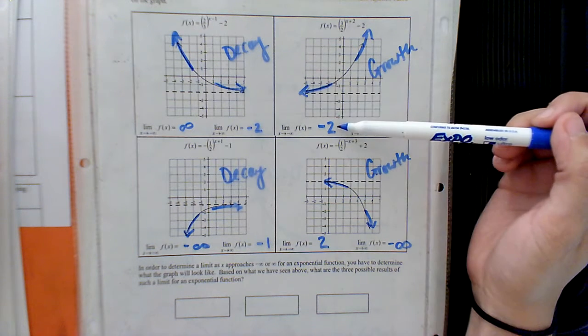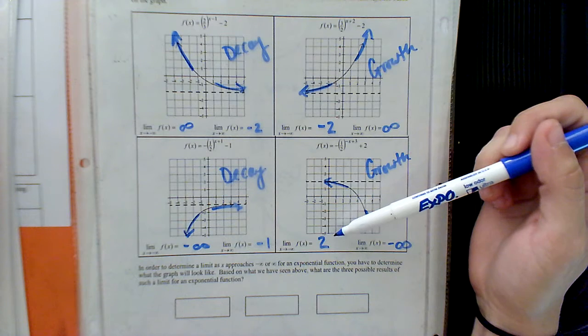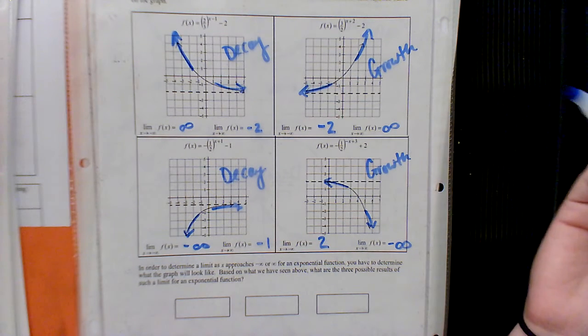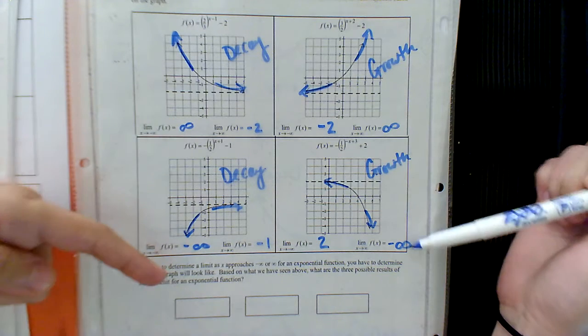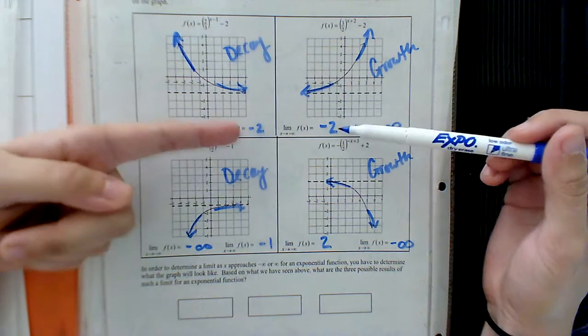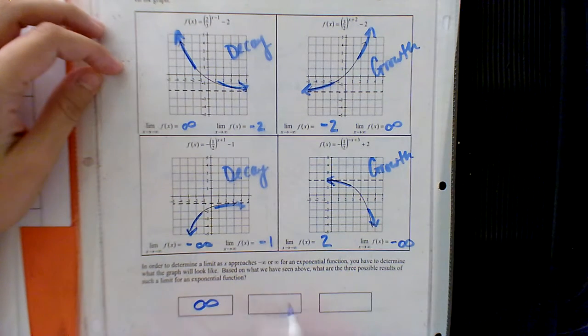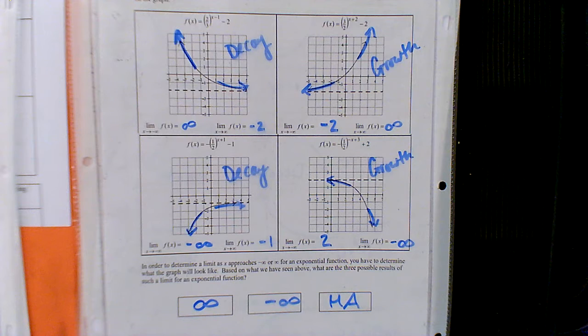What did this negative 2 represent? Asymptote. That negative 1? Asymptote. That 2? Asymptote. So if you take a look at the outcomes for these exponential functions, you're either going to get a positive infinity, a negative infinity, or what? The asymptote value. Okay, so we have 3 possibilities for limit values.